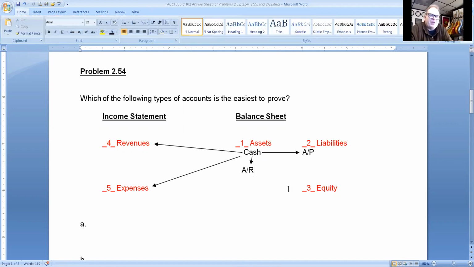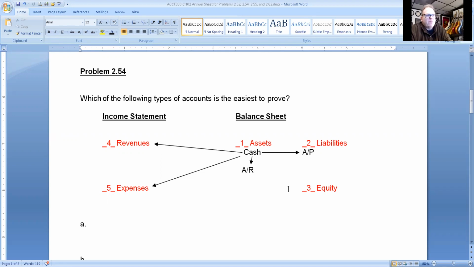So while you're going through cash, you can verify a whole bunch of other accounts, a whole bunch of non-asset accounts, right? I mean, you're verifying cash, which is the asset, but at the same time, you can get quite a bit of verification of many of the other accounts that are going on.